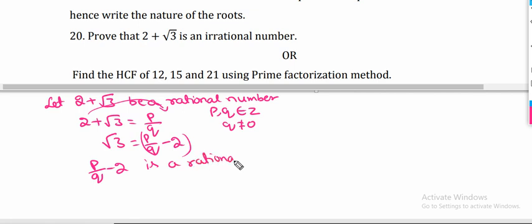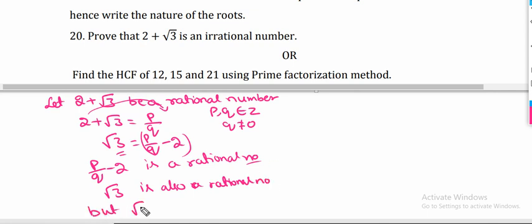So then we write, if this p by q minus 2 is equal to root 3, then root 3 is also a rational number. Root 3 is also a rational number. But we know by the proof root 3 is an irrational number.